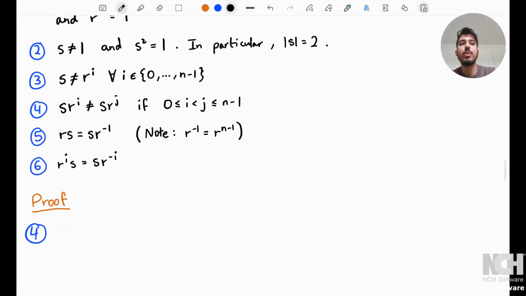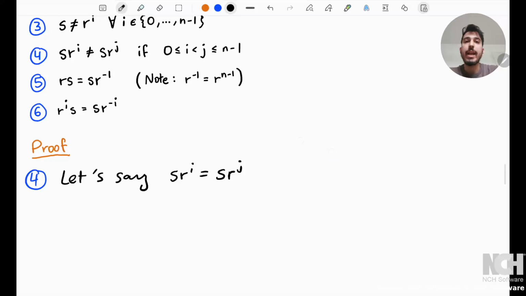To see that, we will use a similar tactic as before: assume the opposite of what they're telling us and arrive at a contradiction, something that is impossible. So let us say that we have s r to the i is in fact equal to s r to the j. And now let us play with this equation to arrive at something that is impossible.